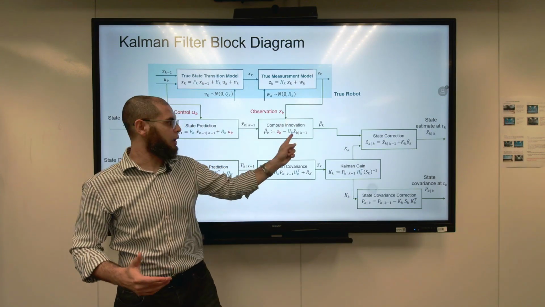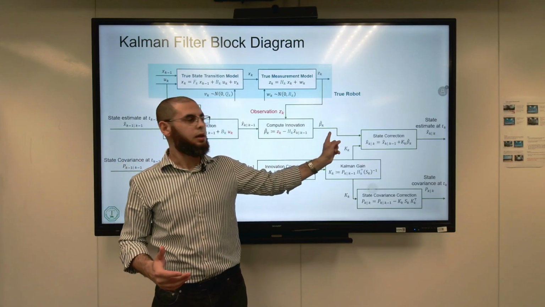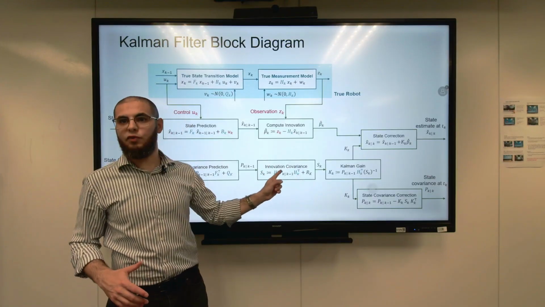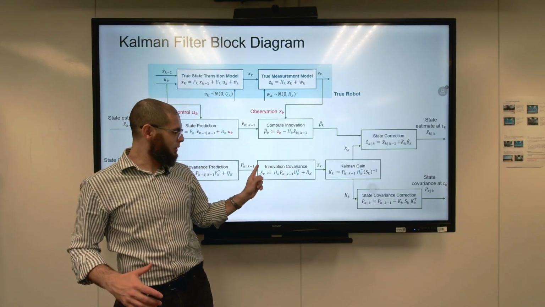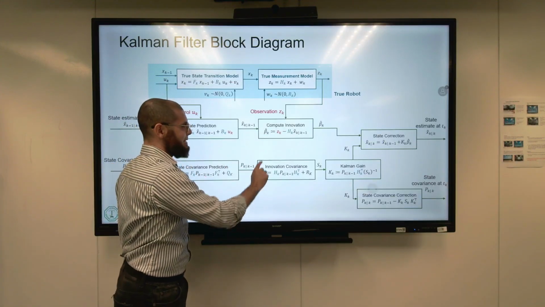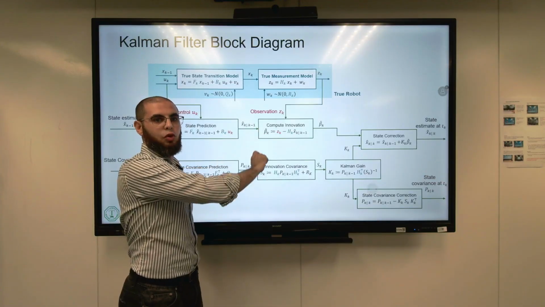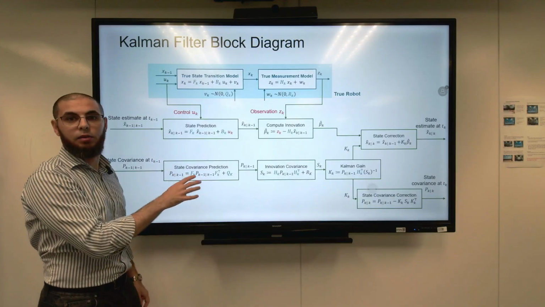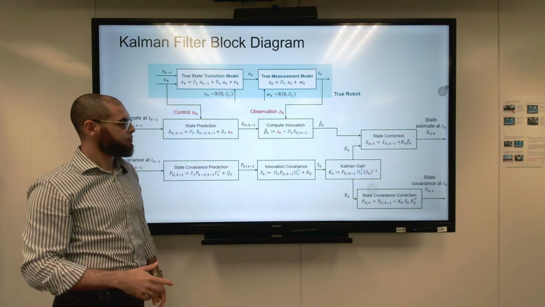So I use these two to compute the innovation. And then afterwards, I compute here the innovation covariance. Okay? So this is the covariance that corresponds to this mean. So beta and S here are the mean and covariance of one Gaussian. x hat and P are the mean and covariance of another Gaussian.